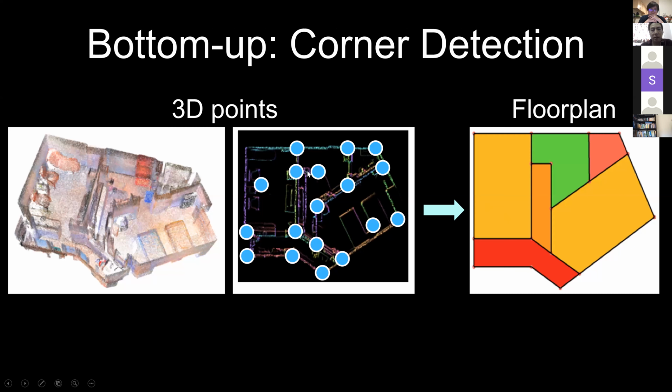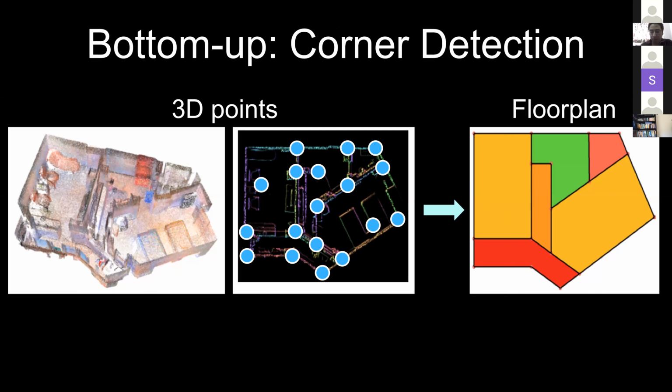Use a ConvNet, you can do corner detection. You may get some false positives here and here. You get some corners, and now you find connections, pairs of corners, to find edges. Then you also find a set of edges to form rooms. And that's how you go from a zero-dimensional corner, to a one-dimensional edge, to a two-dimensional region, a room.